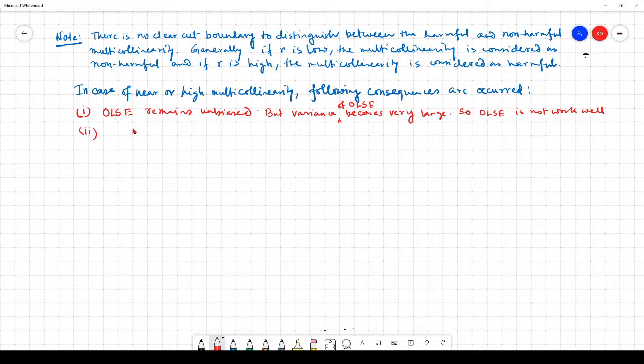Secondly, suppose you want to test the null hypothesis beta 1 equal to 0, and we use a t-test, where b1 is the OLS estimate of beta 1, and this is the estimate of variance of b1.